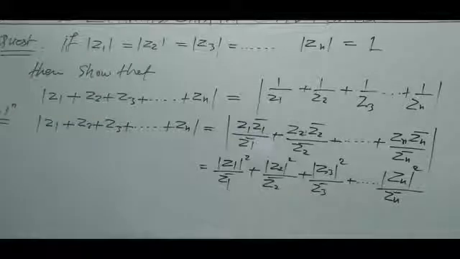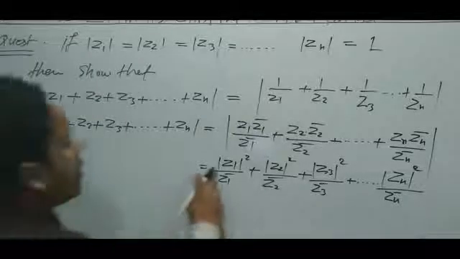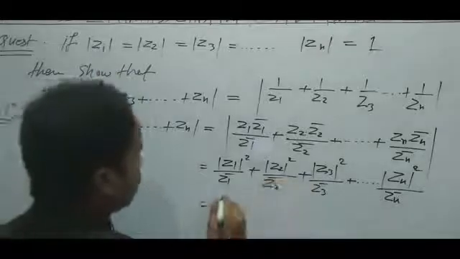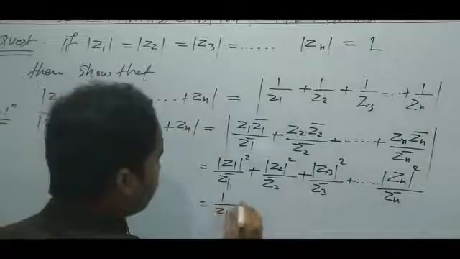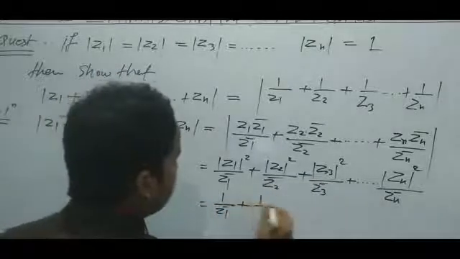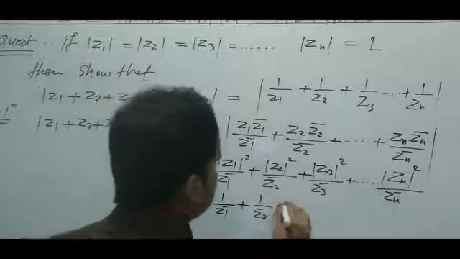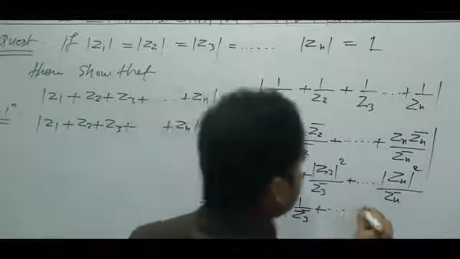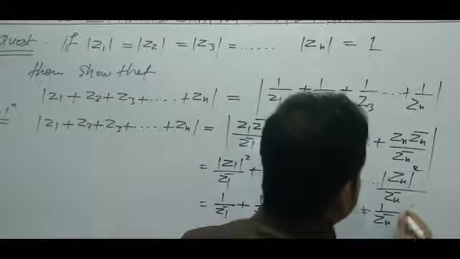Now this is our statement. And this result will be 1 because mod of z is 1. So 1 square, 1 square, 1 square. Now the result will be 1 upon z1 bar plus 1 upon z2 bar plus 1 upon z3 bar plus up to 1 upon zn bar.